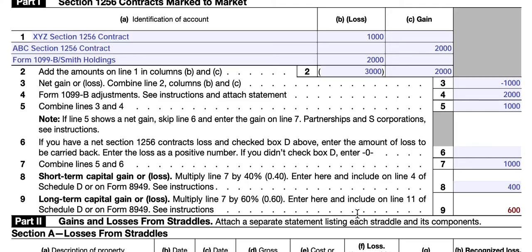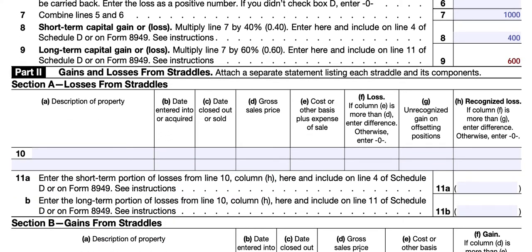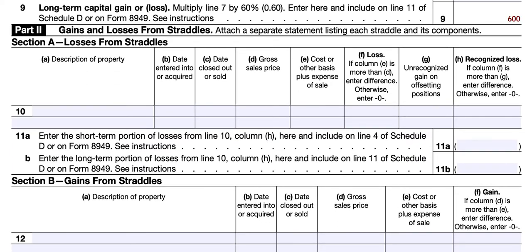So in Part 2, we're going to report losses from straddles in Section A, and then we will report gains from straddles in Section B. So let's start with Section A. For each straddle with a loss, you will enter a description of the property. So let's say XYZ straddle.